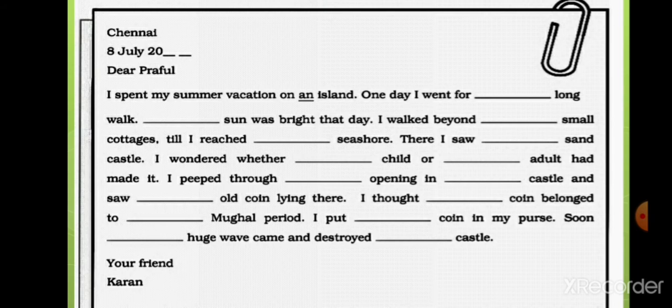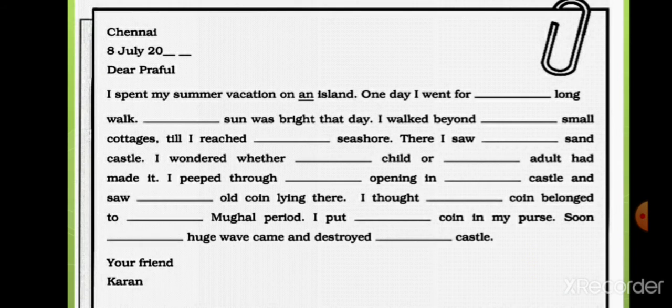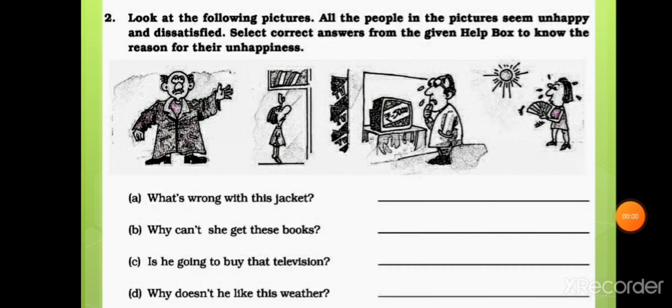I thought the old coin belonged to the Mughal period. I put the coin in my purse and soon a huge wave came and destroyed the castle. Your friend, Karan. Let's move on to the second part.